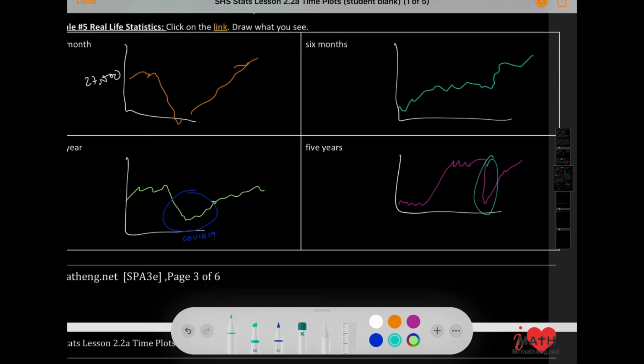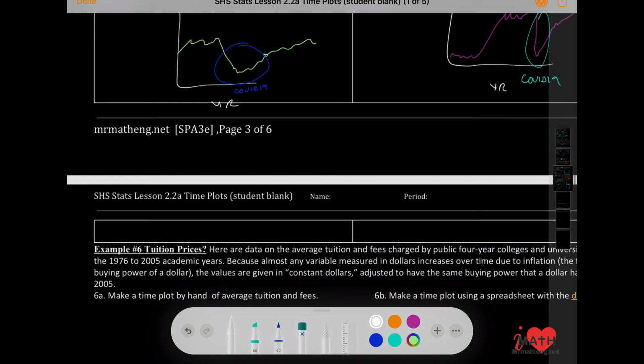And there's your COVID-19. And so you can see the years on the bottom there. Right, years are always down here over time, and then the Dow Jones average, the points that is there. All right, let's try the next page.